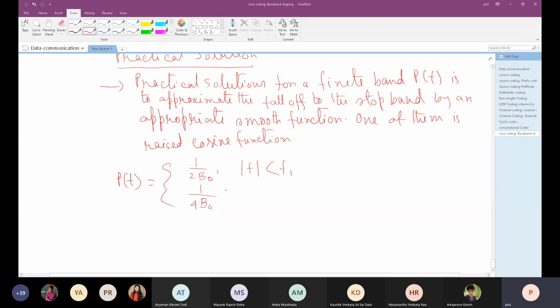It is given by a smooth function 1 by 4b0 into 1 plus cosine of pi times mod f minus f1, divided by 2b0 minus 2f1.